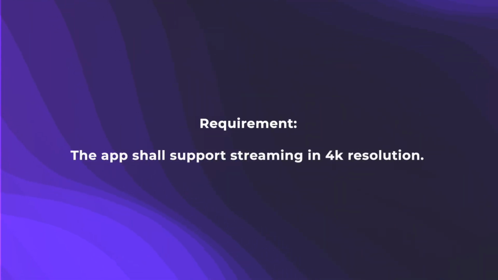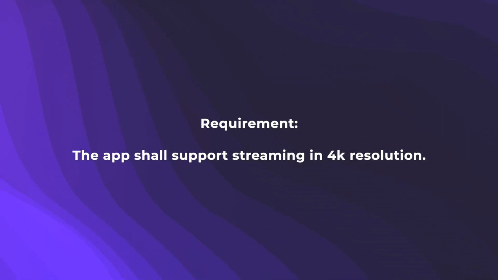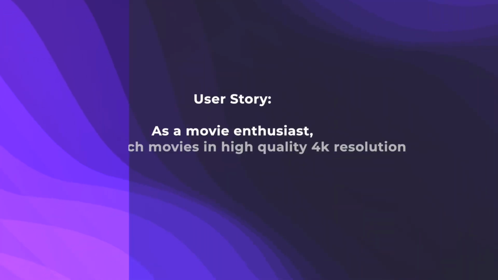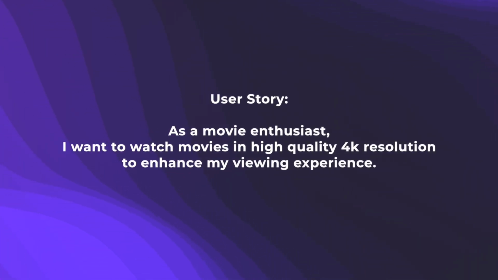A product requirement for a video streaming app might specify: the app shall support streaming in 4K resolution. A user story for the same app could be, as a movie enthusiast, I want to watch movies in high quality 4K resolution to enhance my viewing experience. Note the difference.